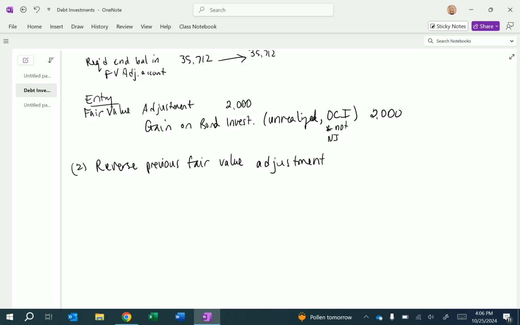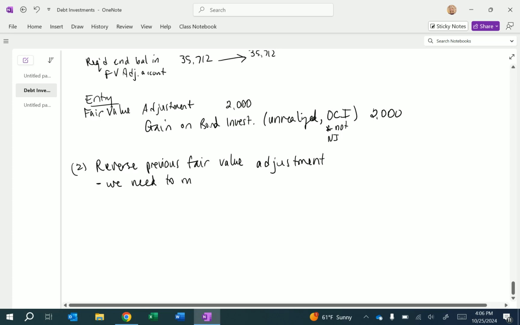So what we're actually reversing is the accumulated other comprehensive income, or gains and losses, on this bond investment since we first purchased it. So what we need to do is move the total or cumulative unrealized holding gains and losses out of OCI, and not just out of OCI.